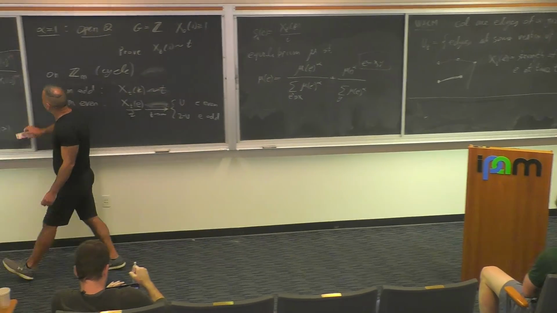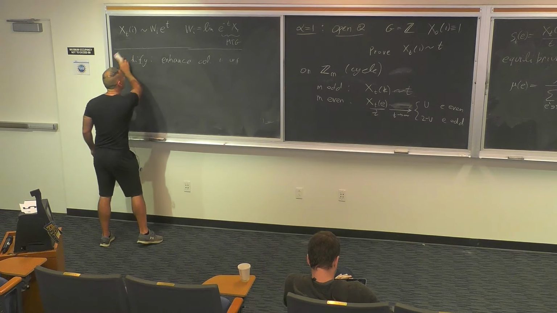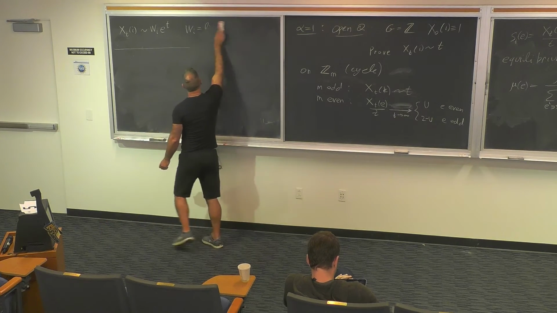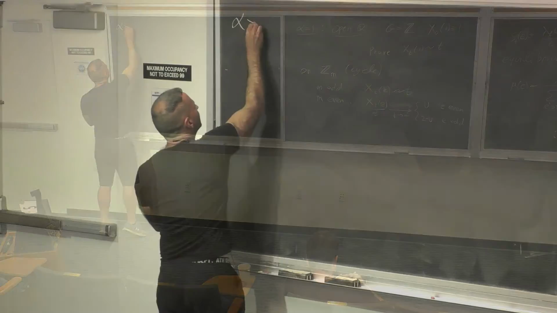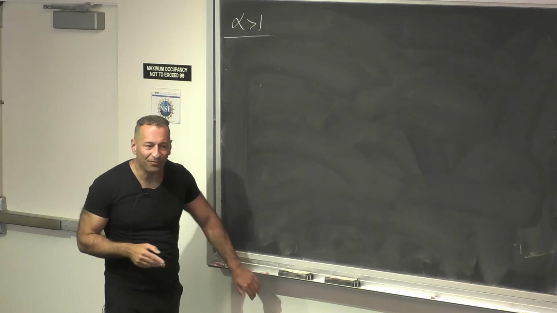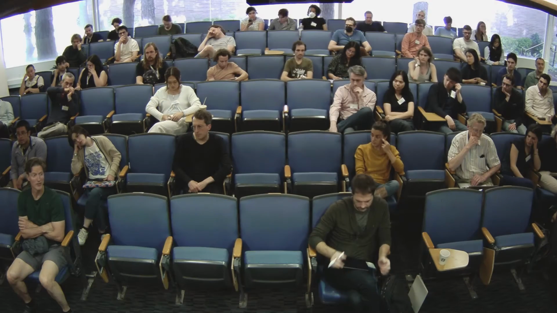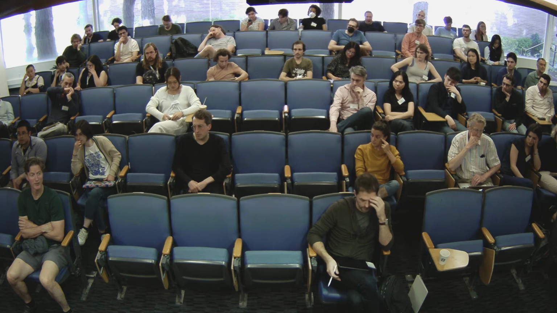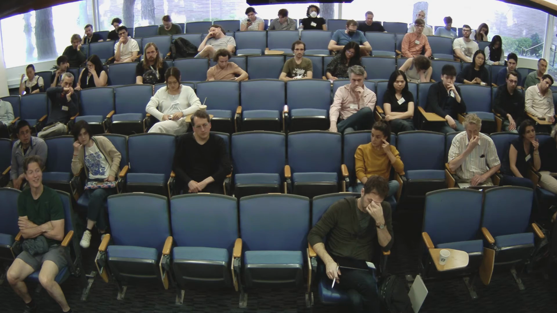So this is the supercritical case. Why does every vertex get activated? Yeah, so this is all in discrete time now.